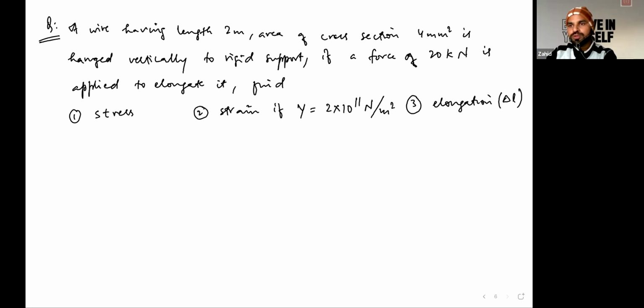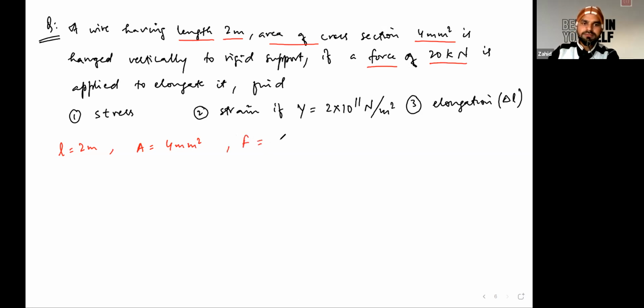Let me define how to approach a problem. First, write all the terms which are given in the question. So we have length as 2 meters. Next, area of cross section is 4 mm square. And next, force applied to it is 20 kilonewton.